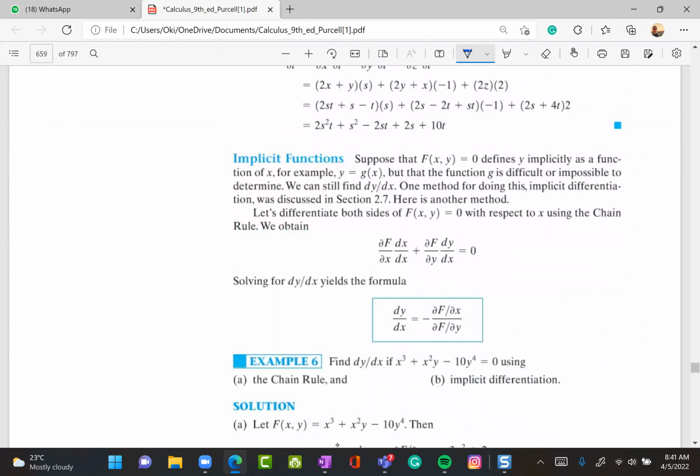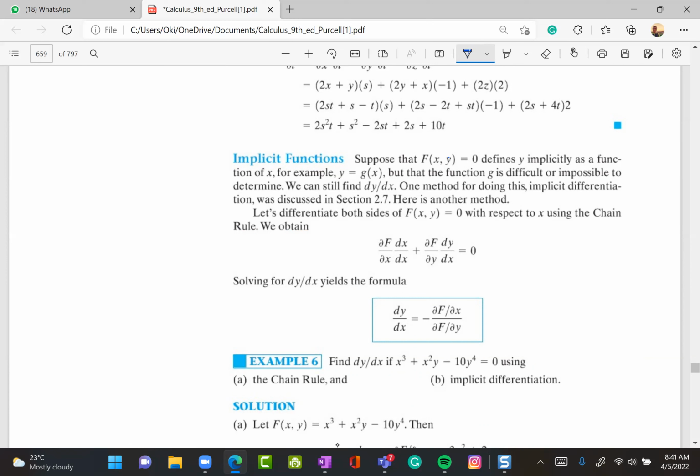Suppose you have f of x, y equals 0 that defines y implicitly as a function of x. So in these expressions, y is a function, x is the variable. But the thing is, it is difficult to compute, so you still can find dy over dx.